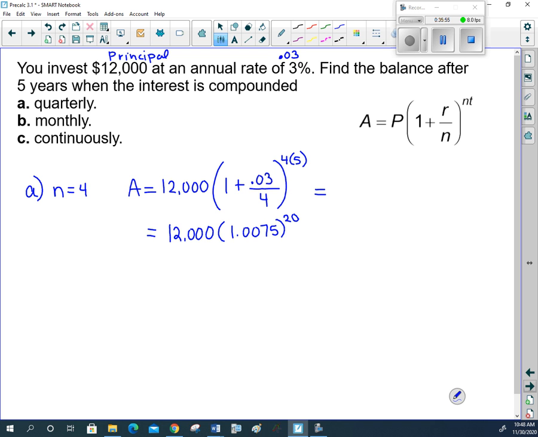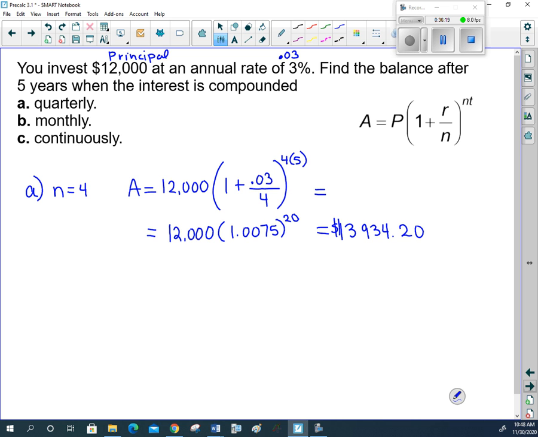And then we'll have our answer. Okay, so 12,000 times 1.0075 raised to the 20th power, and we end up with $13,934.20.